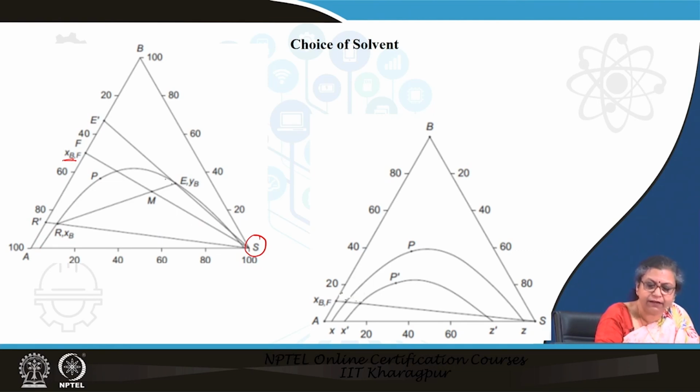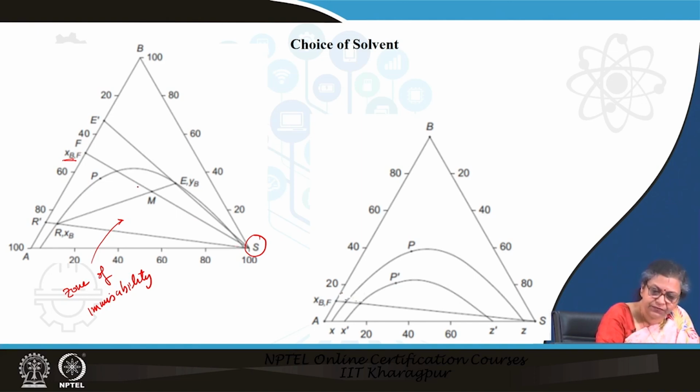Here, if you find I have drawn a dome, this zone is where A and S are more or less quite immiscible from one another, and therefore, within this dome the liquid forms two different layers. So, this is the zone of immiscibility.